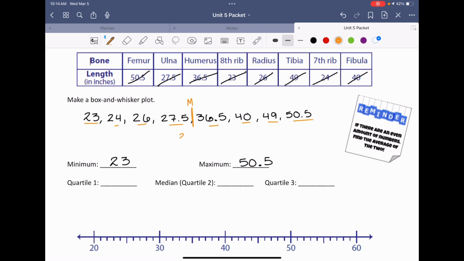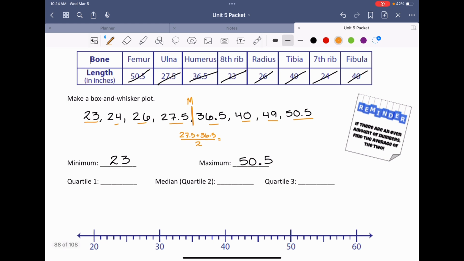So I'm going to add it up, 27.5 plus 36.5, and divide by 2. When I add those together, I'm going to get 64, and divide it by 2, which is 32. So 32 is the median, or quartile 2.